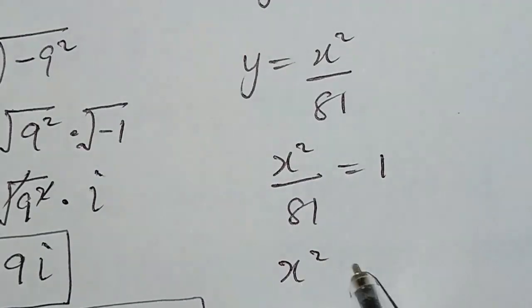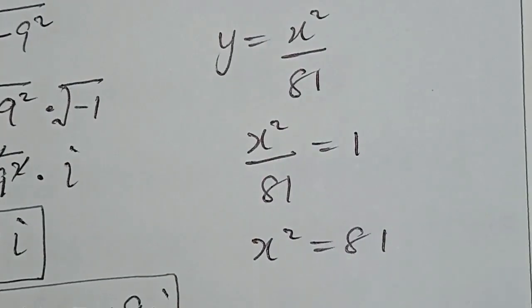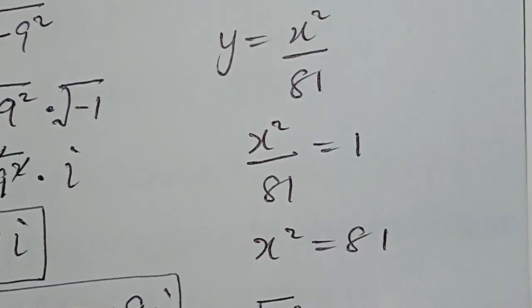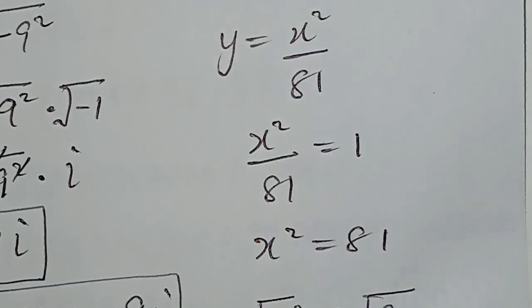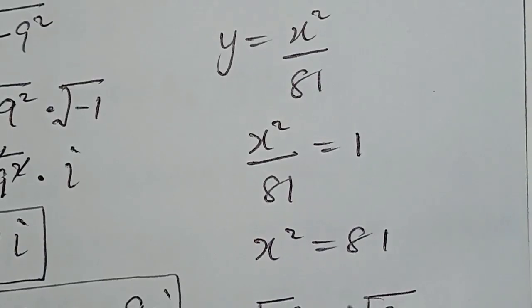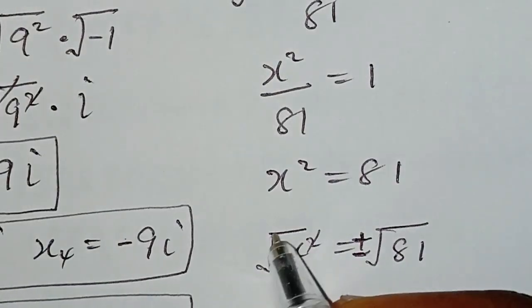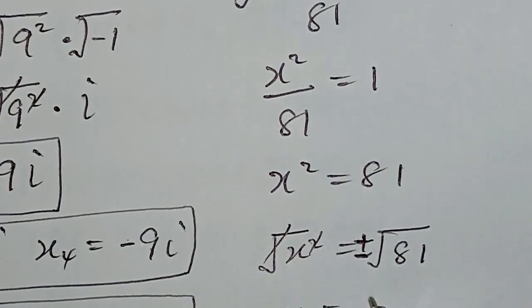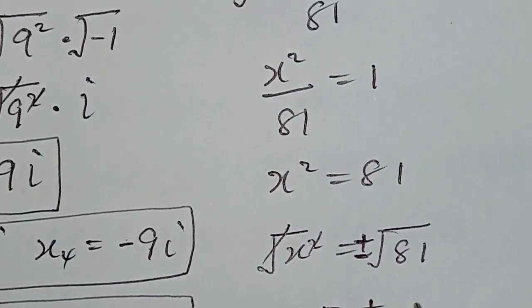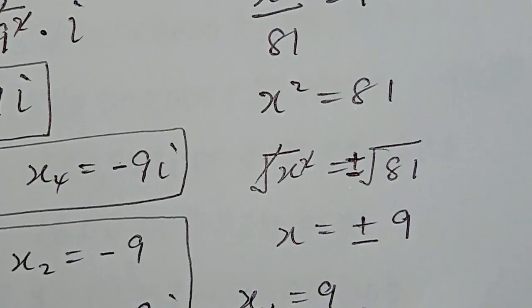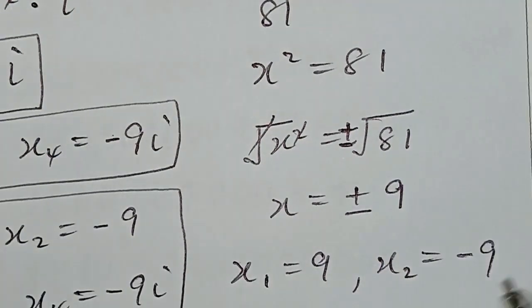So we have x squared equal to 81. We take the square root of both sides: the square root of x squared equals plus or minus the square root of 81. So this square cancels out the square root. We have x equal to plus or minus the square root of 81, which is 9. So x is equal to x1, which is 9, or x2, which is minus 9.